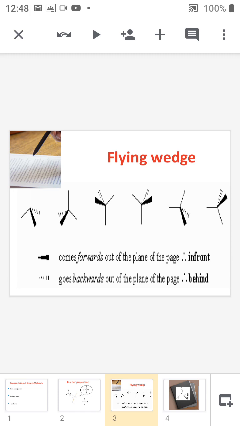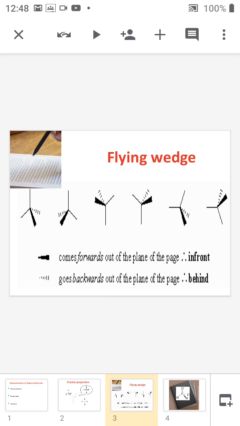The dotted line represents an atom which is out of the plane of the paper, that is, on the back side of the plane of the paper. So these are the representations. In the flying wedge we can see three types of lines: the plain line, the solid line, and the dotted line.